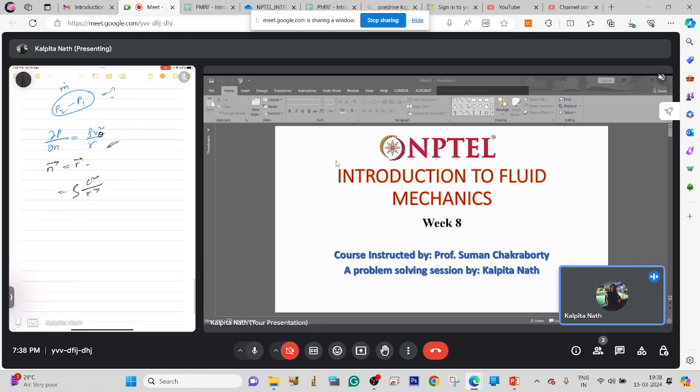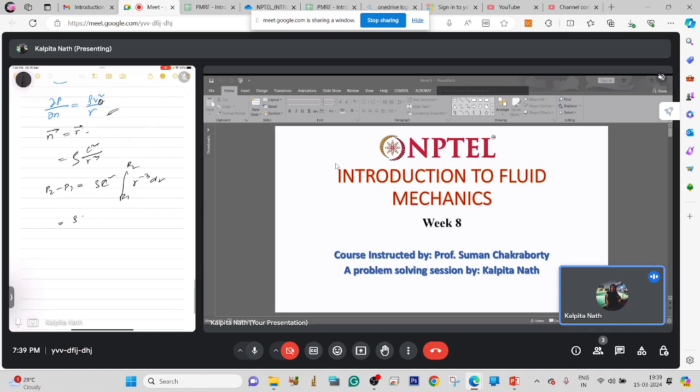Now if we integrate it, P2 minus P1 is equal to rho C square integral from R1 to R2 of R to the power minus 3 dr. That means this will be rho C square by 2 times (1 upon R1 square minus 1 upon R2 square).